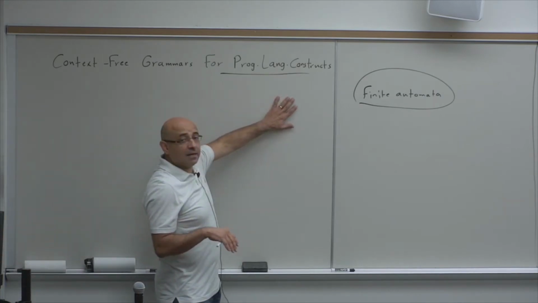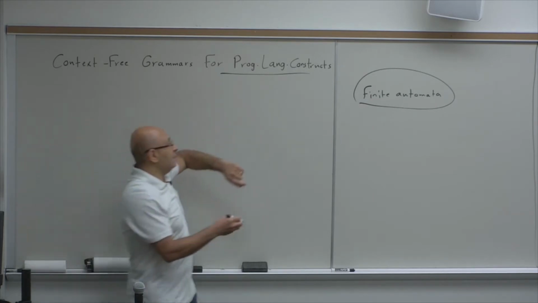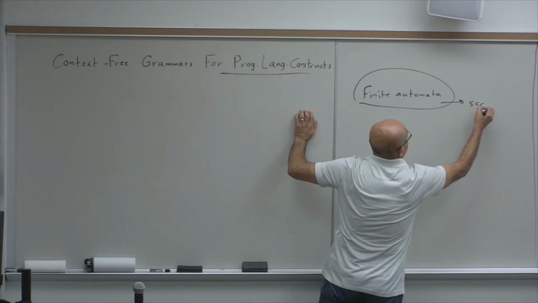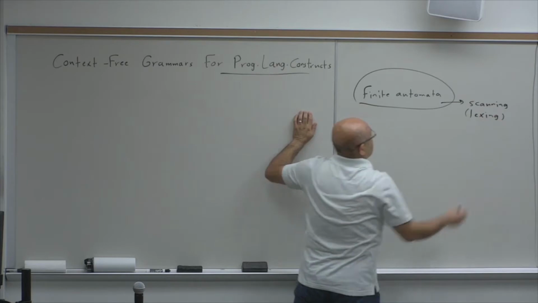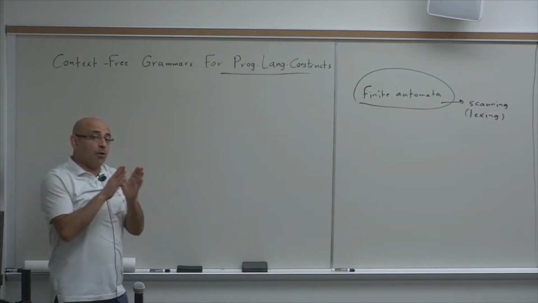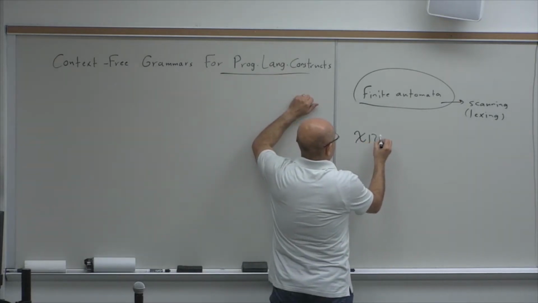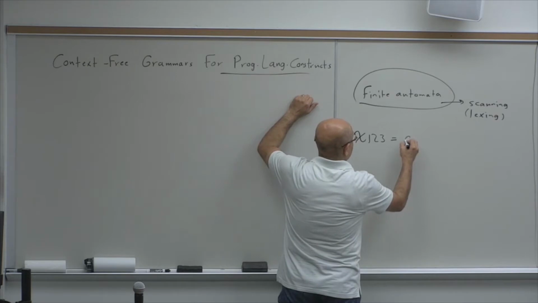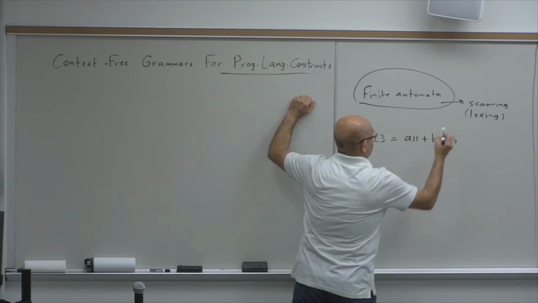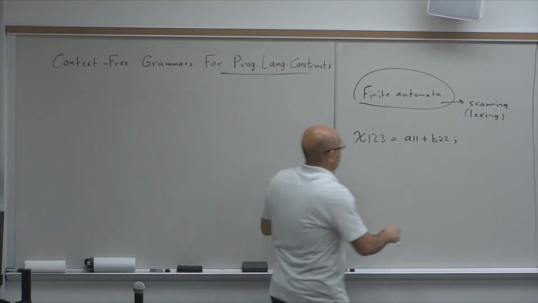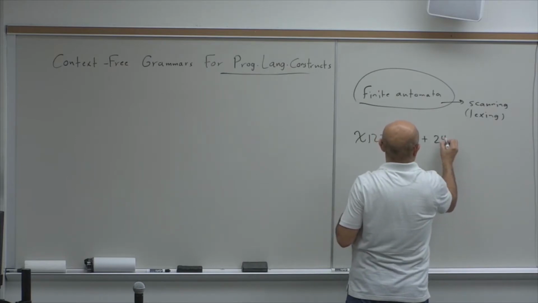Now, here's the interesting idea. The interesting idea is that in compilers, finite automata are used to do scanning or lexing, which is dividing a program into tokens, like x123 equals a11 plus b22, or let's do, instead of b22, let's do 24.5.